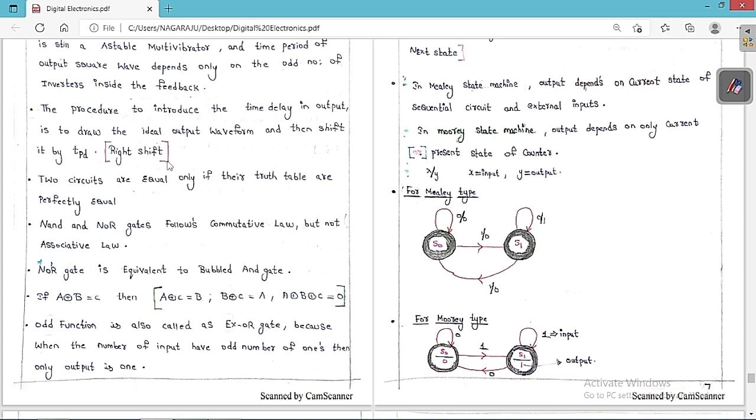Then you are going to get the actual waveform, which includes the time delay. So first draw the ideal waveform, and then give it a right shift by TPD. Then you get the actual waveform. So the procedure to introduce the time delay in output is to draw the ideal output waveform and then shift it by TPD, the right shift.